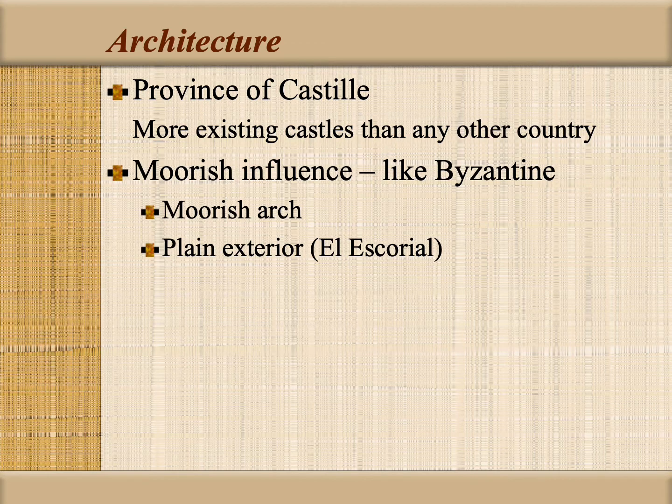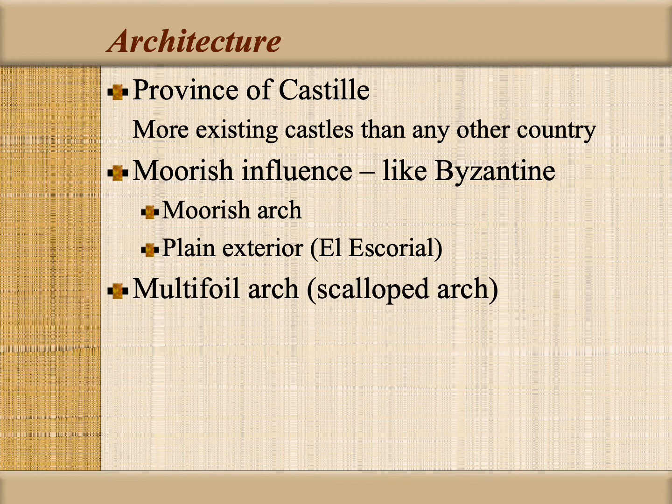Then you see Moorish influence, which is actually going to be very reminiscent of the Byzantine style that we have studied before. And from here, you're going to see the development of the Moorish arch or the horseshoe arch, as well as a really plain exterior. We're also going to see the multifoil arch or a scalloped arch, as well as a minaret, and we'll discuss these more in the coming slides.